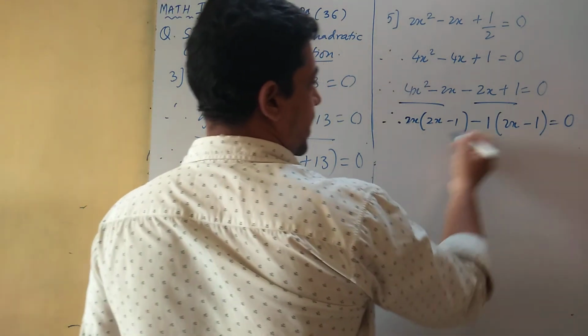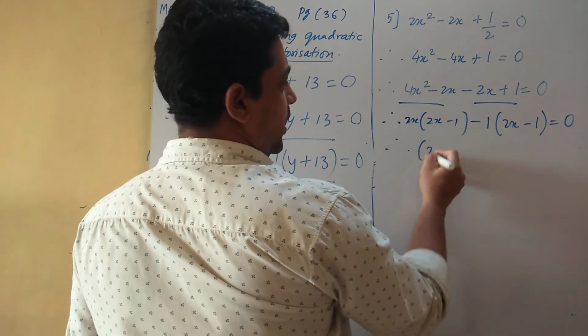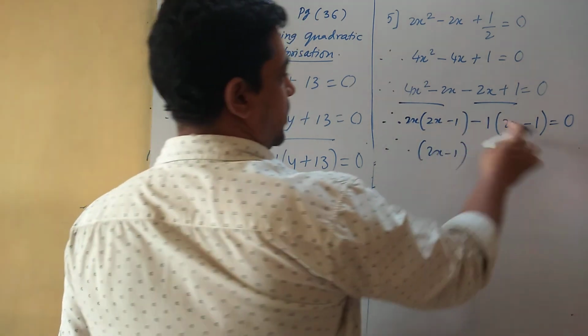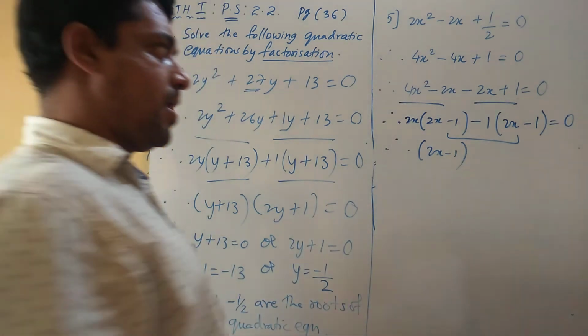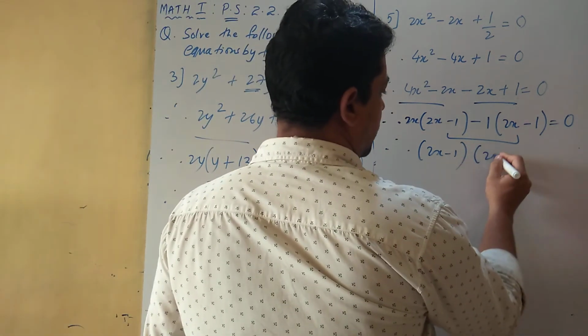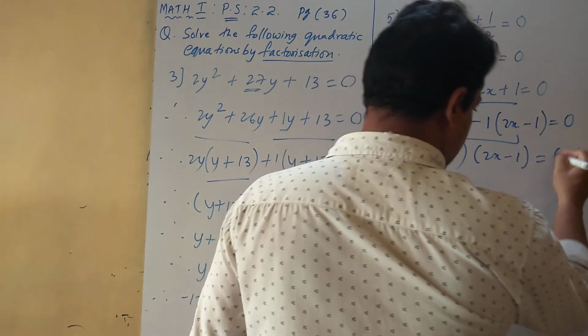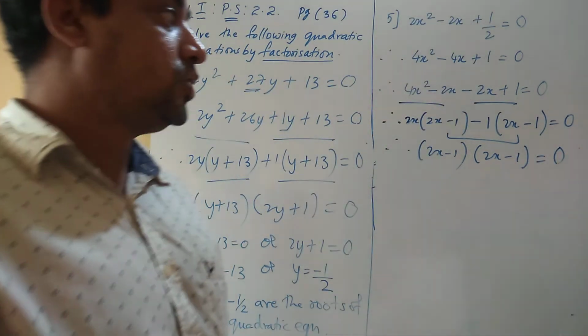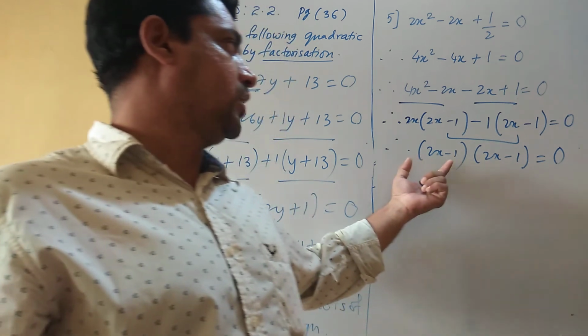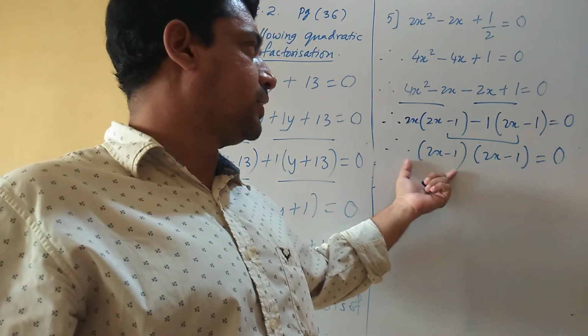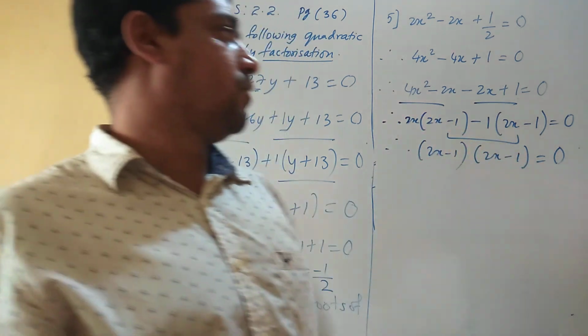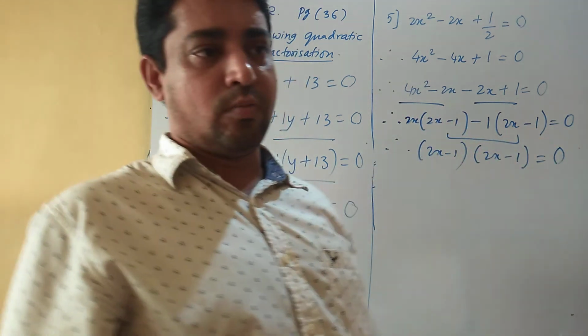Now the binomial term common, that is 2x minus 1. We are having here both are common binomial term. So 2x minus 1, we have common binomial factor, and 2x minus 1 is your uncommon binomial factor.